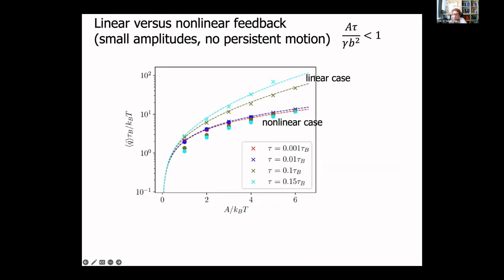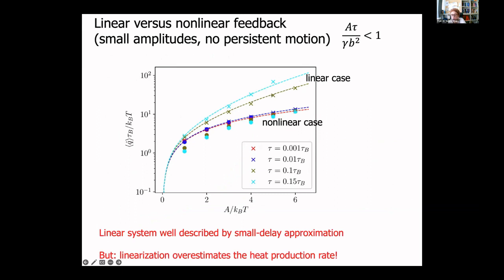So let's briefly compare linear and nonlinear cases for small feedback for this heat production rate. What we generally found is that the linear system gives the trend correctly, but if we look at values, we see that it overestimates these heat production rates in the nonlinear case.